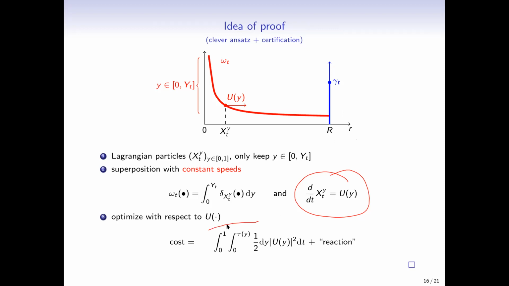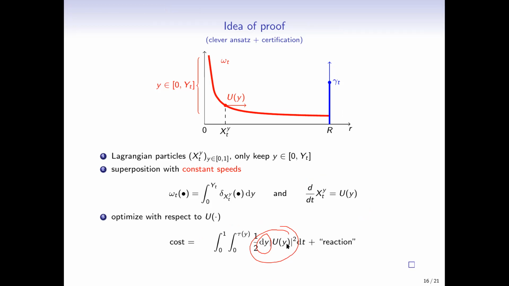So the cost is here a purely kinetic cost. So you see here that this kinetic cost is what? dy is the infinitesimal mass of my particle. u squared is the velocity of this particle. So dy times u squared is the infinitesimal kinetic energy of the y particle.